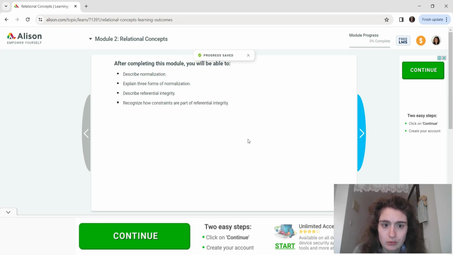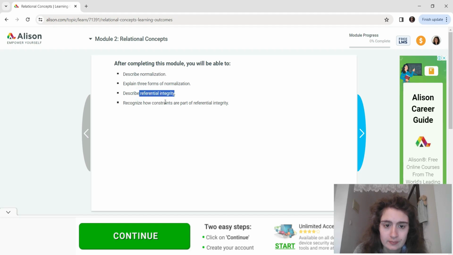So moving on to module 2, we'll understand the concepts of normalization, referential integrity, and we'll be able to recognize the constraints as part of the referential integrity system.